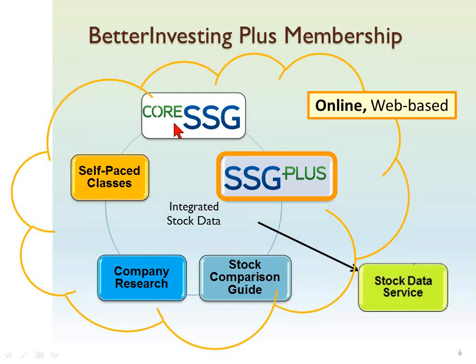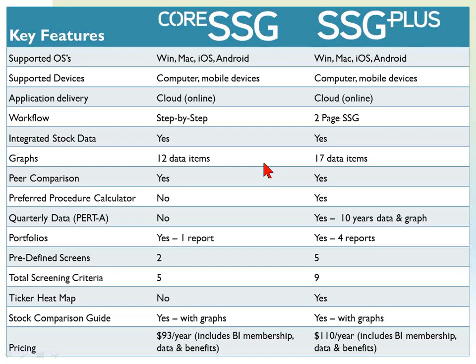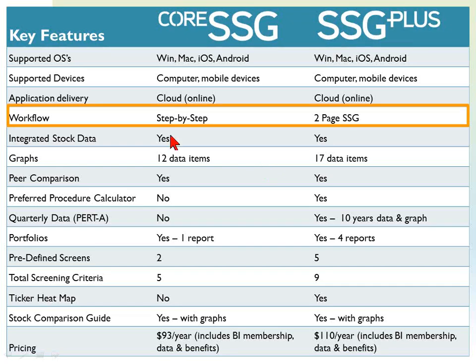The SSG Plus is the exact same methodology and concepts, but presented a little bit differently. So these two tools work on the same set of data. One has more basic functionality and it's step by step, and the SSG Plus has a little bit quicker workflow. And that is one of the biggest differences between core SSG and SSG Plus.